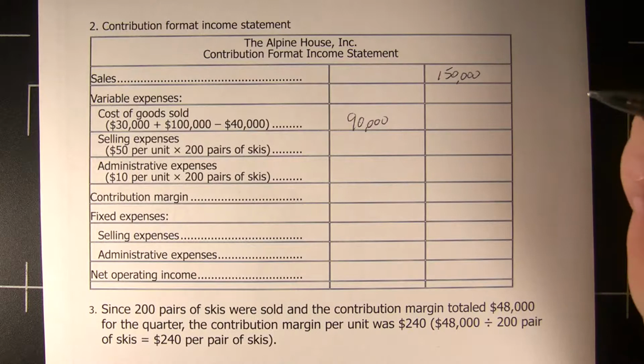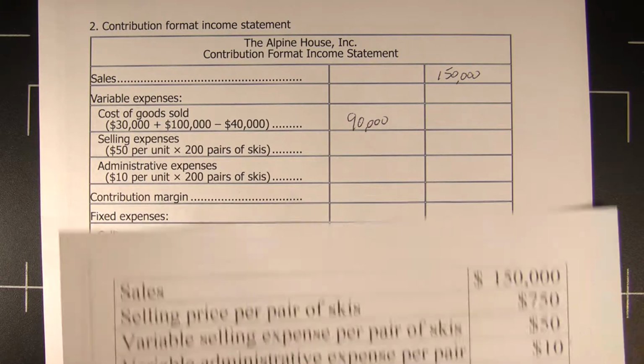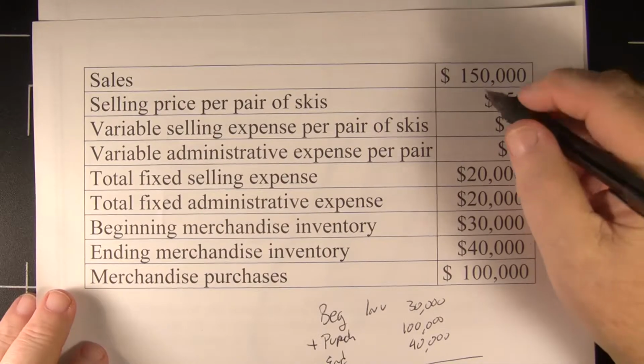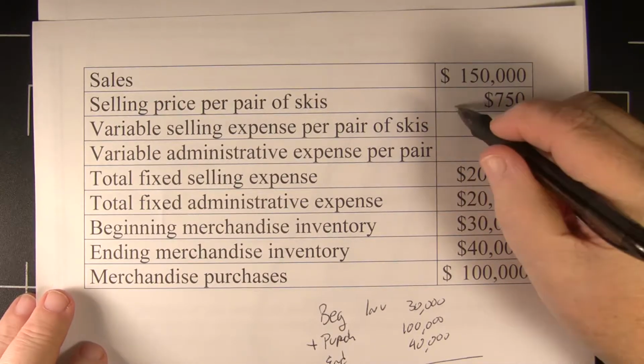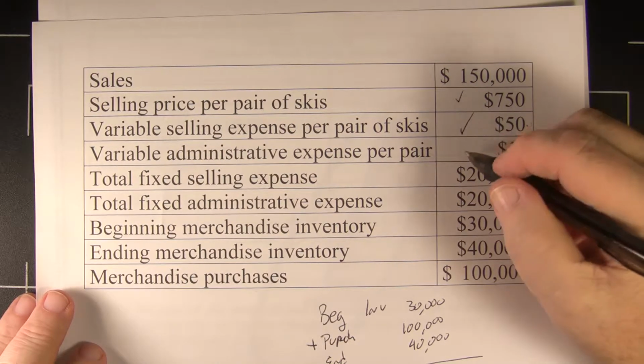Remember, this is a retailer, not a manufacturer, so we don't have work in process and things like that. Then we have variable selling expenses per unit. Selling expense per pair, variable.